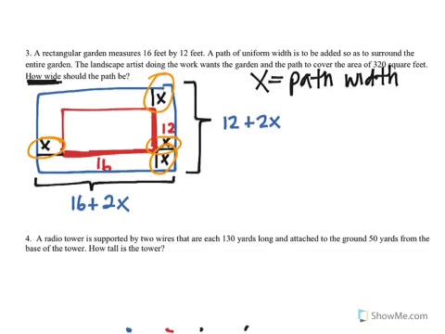It says that the landscape artist doing the work wants the garden and the path to have an area of 320 square feet. So the area, which is going to be 16 plus 2X times 12 plus 2X should be equal to 320 square feet.